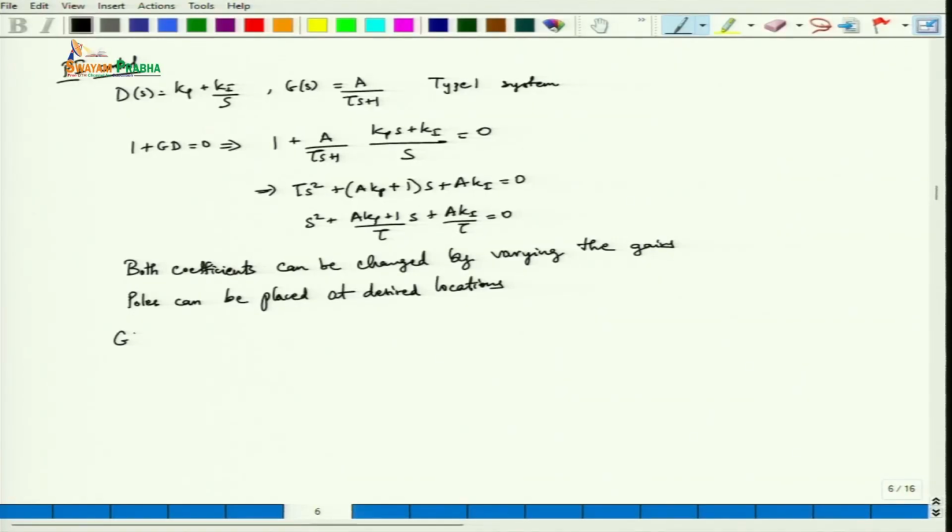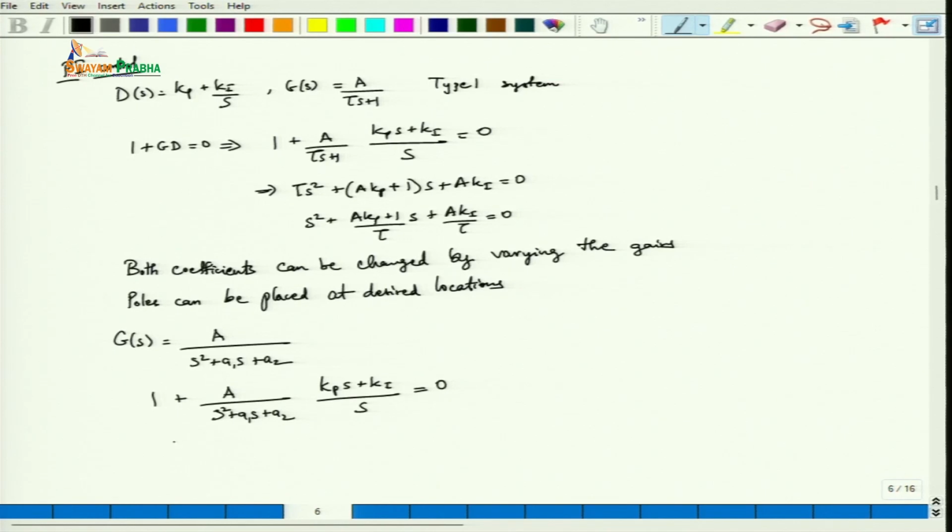Now let us consider a second order system. In this case, our characteristic equation will be 1 plus A divided by s square plus A1 s plus A2, multiplied by Kp s plus Ki divided by s, equal to 0.